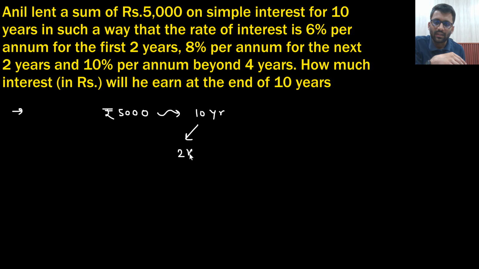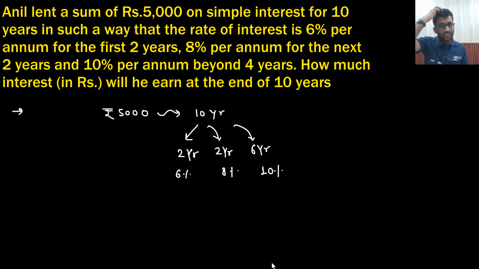For 2 years it was 6% per annum, for the next 2 years 8% per annum, and after that, for 6 years, 10% per annum. How much interest will he earn?